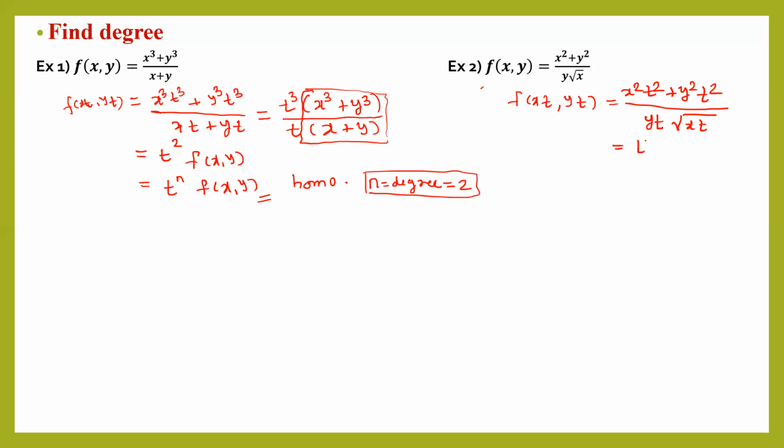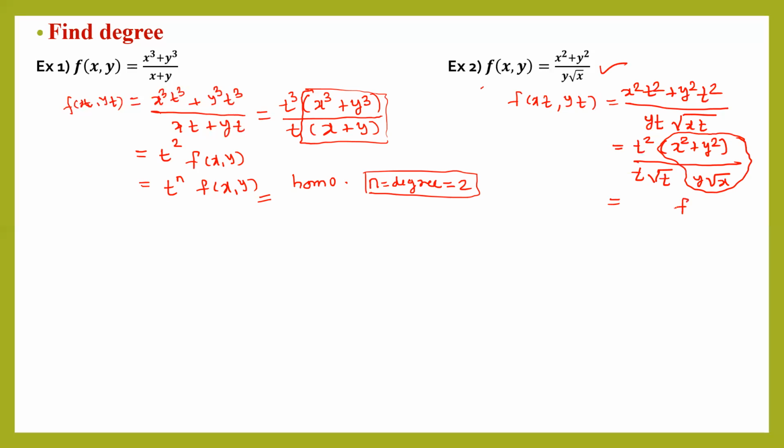Now from the numerator we can take t square common, so it is x square plus y square in bracket. From the denominator you can take t, and from this one more term of t, that is square root of t, and then y square root of x.